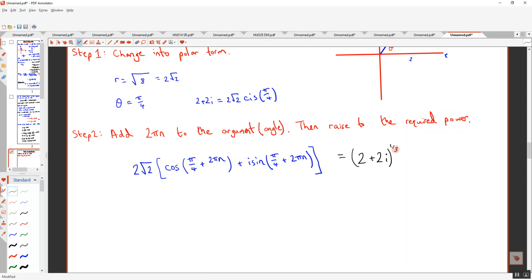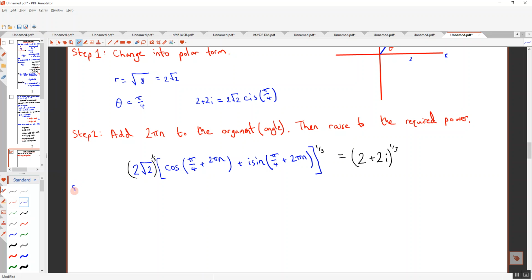Yep, 1 over 3. So I'm going to do the same over on this side. Put that to 1 over 3. And put this to 1 over 3.